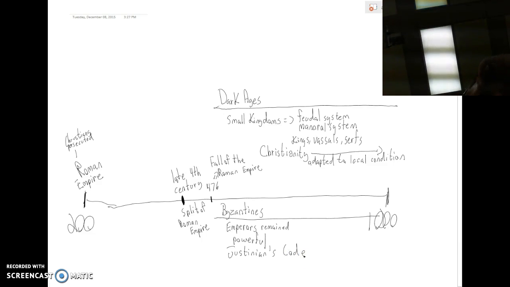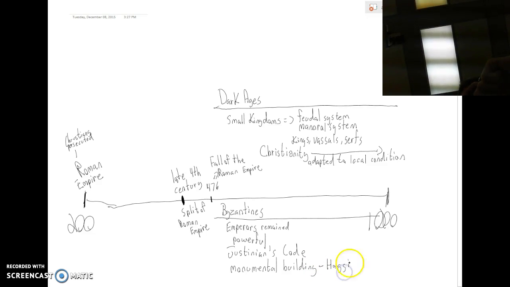You have the continuation of monumental building. So you don't have monumental building in Dark Ages Europe, or to much less of an extent. Whereas in the Byzantine Empire, you could write about the Hagia Sophia, for example.